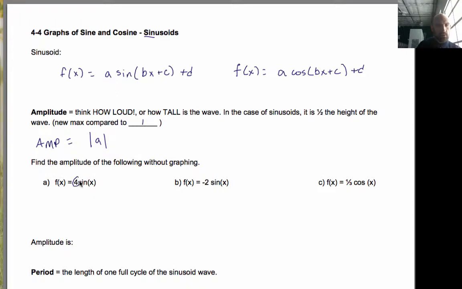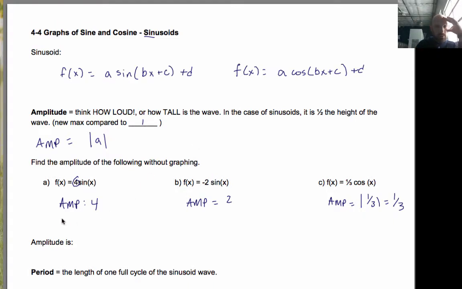So if we find the amplitude of the following without graphing, we just have to be able to recognize which coefficient we're dealing with. The amplitude here is 4. Our amplitude here is 2, because it's the absolute value of a. And the amplitude here is the absolute value of 1/3, which is 1/3. So think about what that means in terms of our graph.